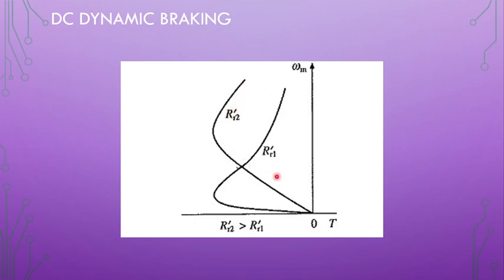We are using a braking method, so slowly the speed will come to 0. For different values of resistance, as if we use different values of DC supply, the family of curves is shown here. As the resistance value increases, we see that the variation in the speed is faster. It will come to rest faster.